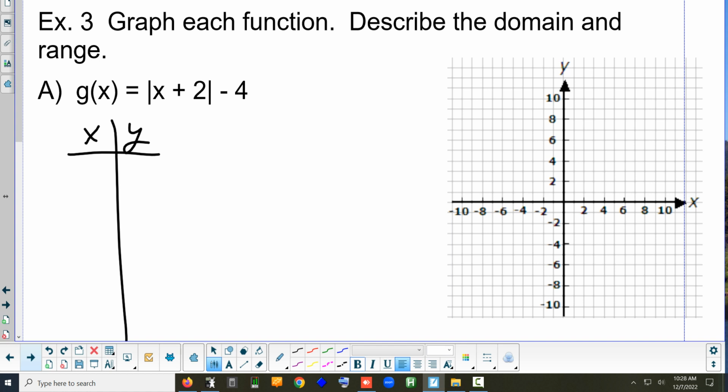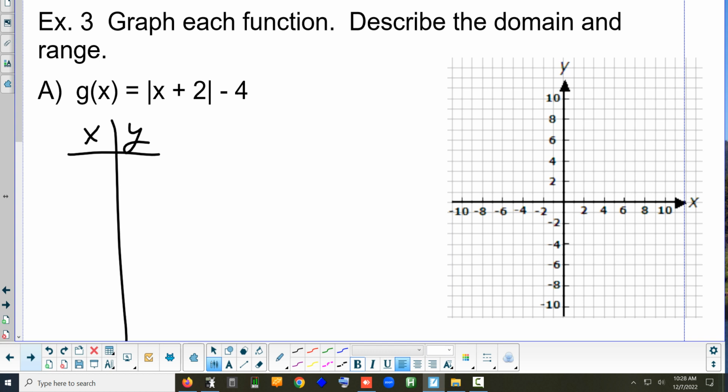Okay, so what do we set equal to 0 this time to find my middle value? Someone remind me, what does step 1 say? Take what's inside the absolute value bars.